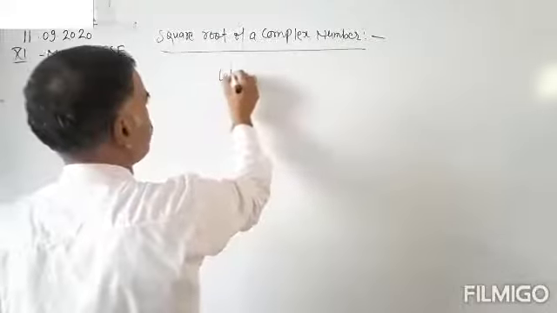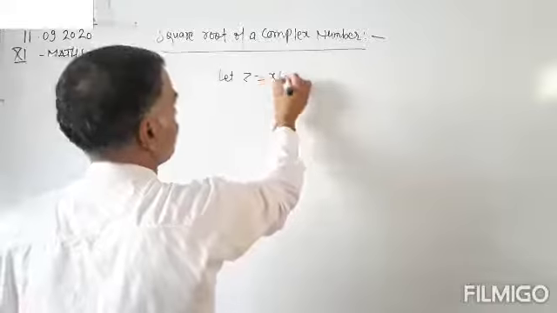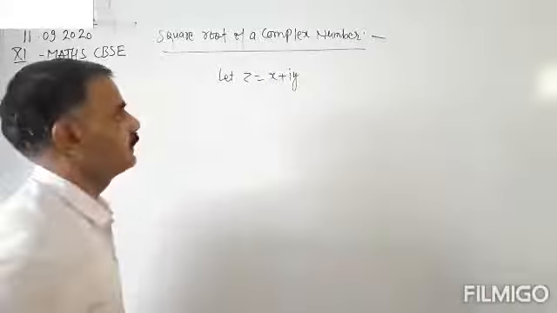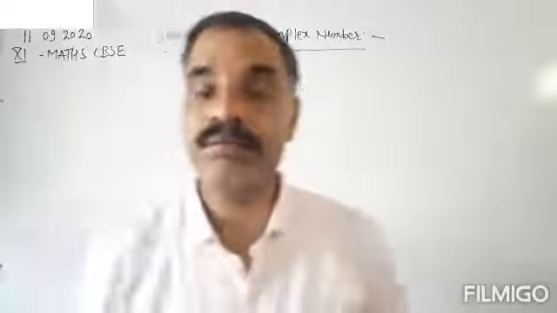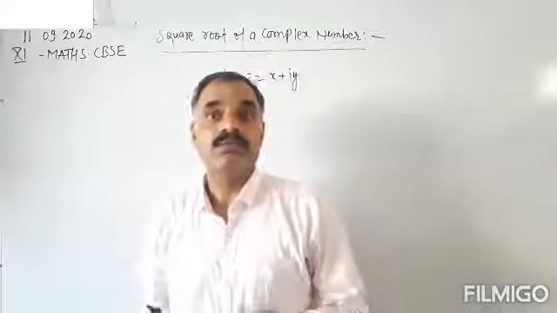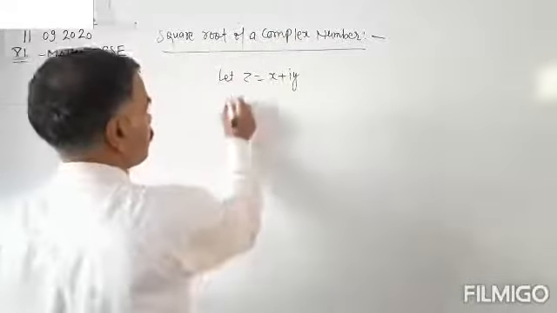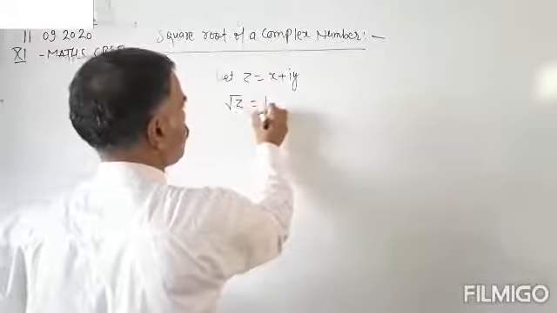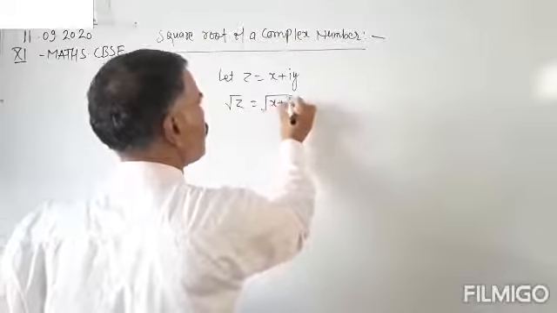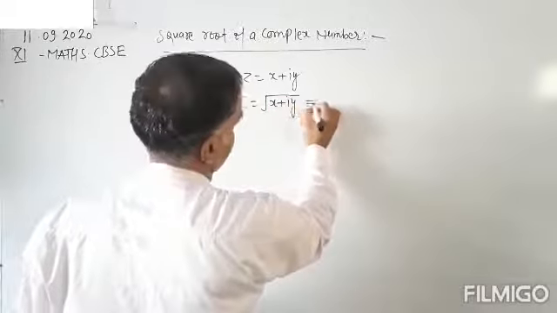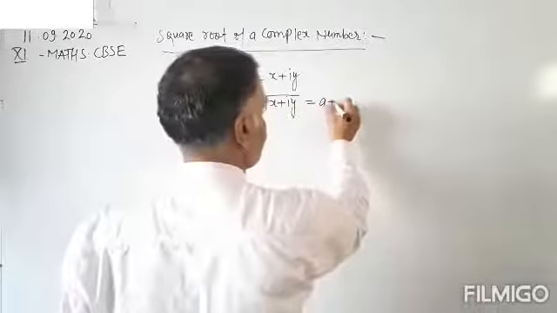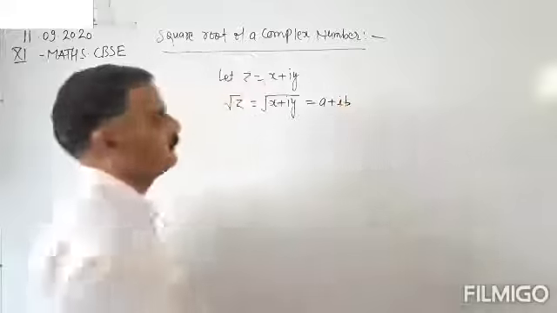Let z equal x plus iota y, and we want to find the square root of this complex number, that is root z equals root of x plus iota y. Let this square root be also a complex number, a plus iota b.